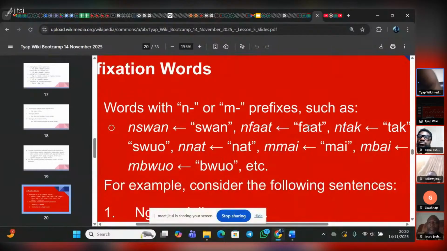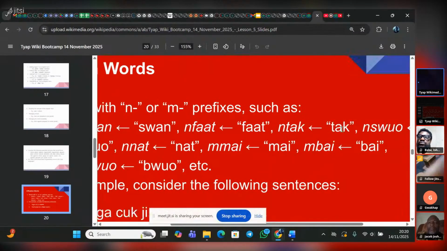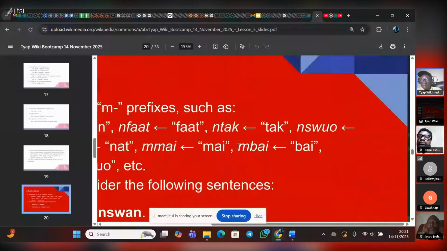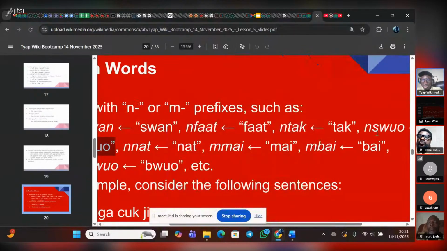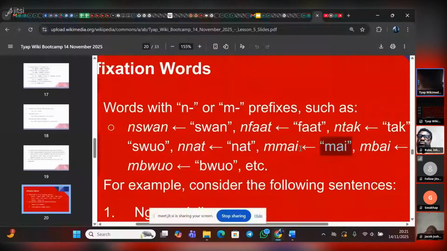So we also have fad. Then we have tag, also, which is combined with the n to create this affixation word ntag. And then we also have sure to drink, which is combined with that n prefix to give us nsure. And then we have nat, which is combined with n to give us nnat. And then we have my, which is to laugh, or to measure, or measurement.